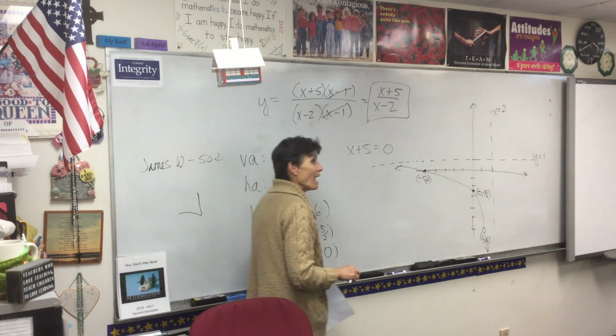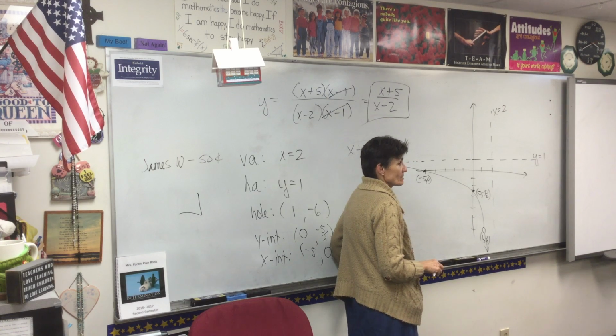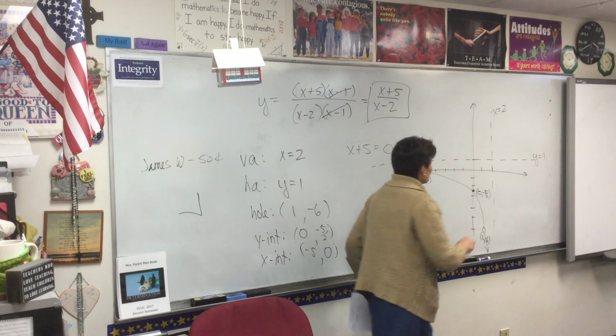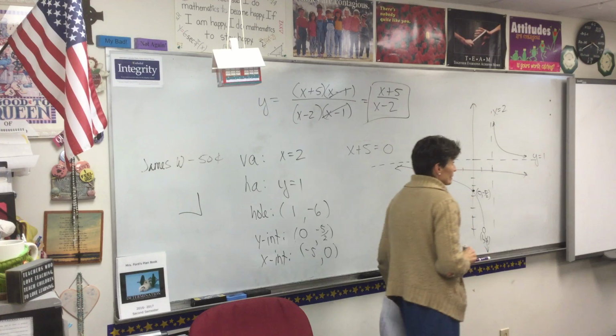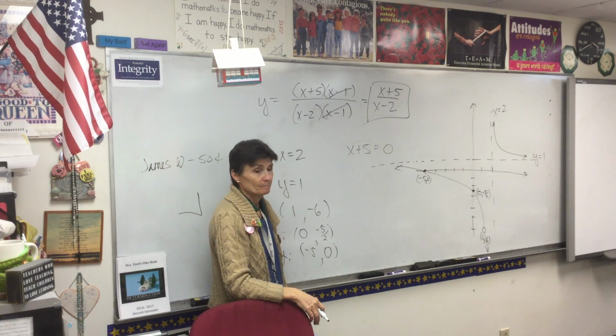We're missing the whole other half of the picture. Now you're thinking, but Mrs. Ford, you don't have any points over there. I know, but I know what it looks like anyway. I just sketch it in. Doesn't it work like that? Of course it does. It's the other half of a reciprocal function.